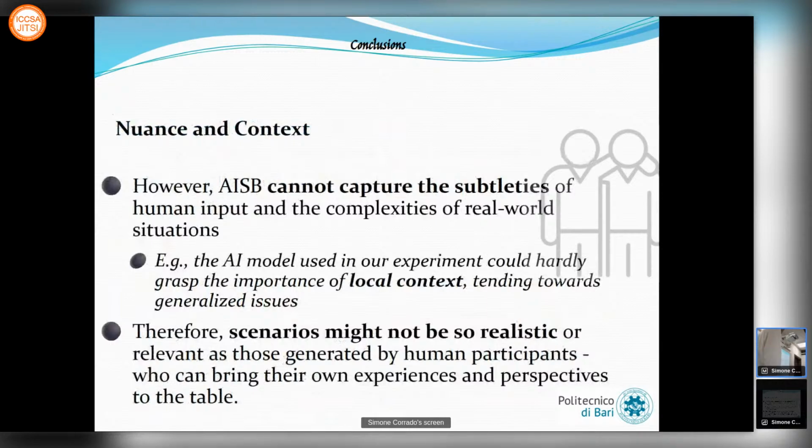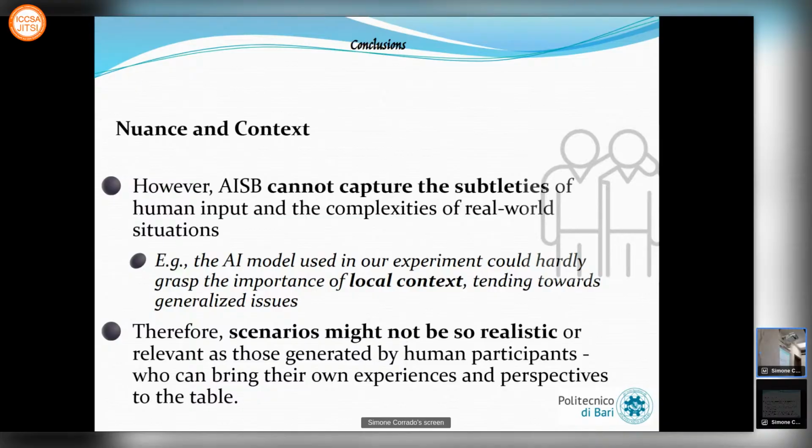Of course, they cannot catch the subtleties, because all the nuances of the divisions, the feelings of people, cannot be taken by, let's say, a machine-based approach.